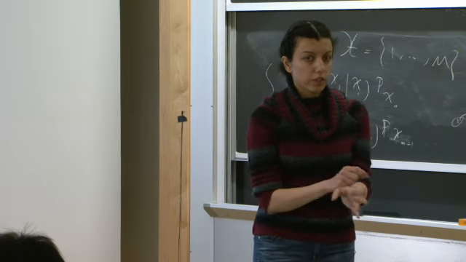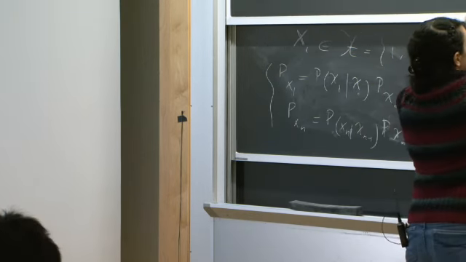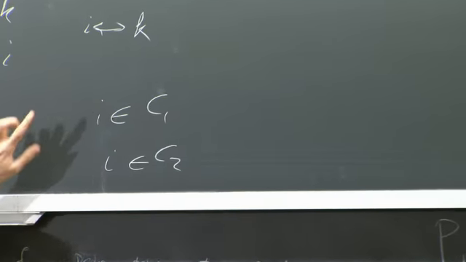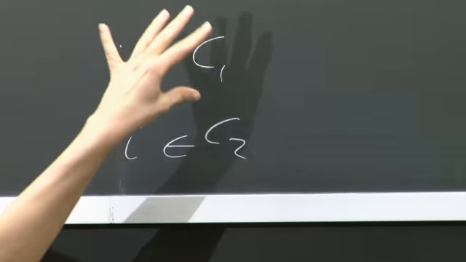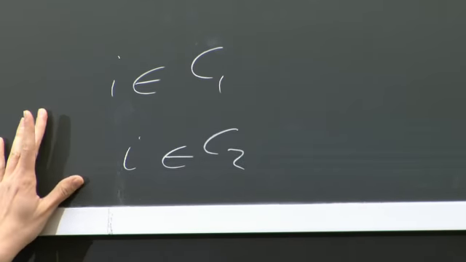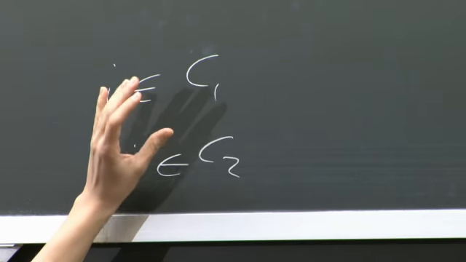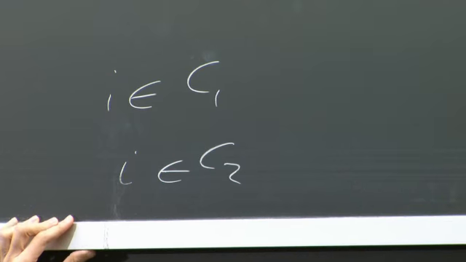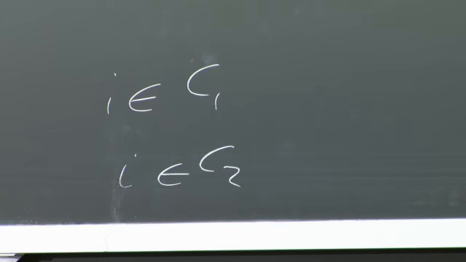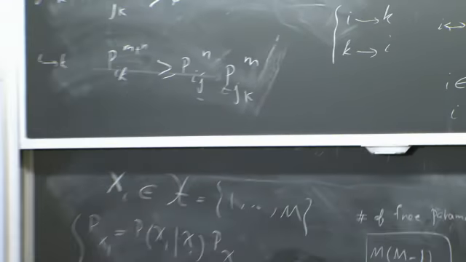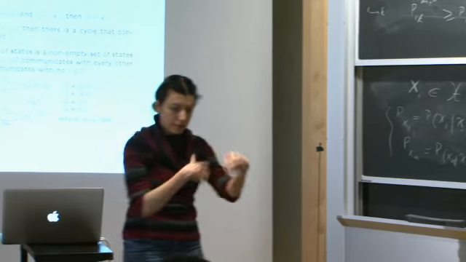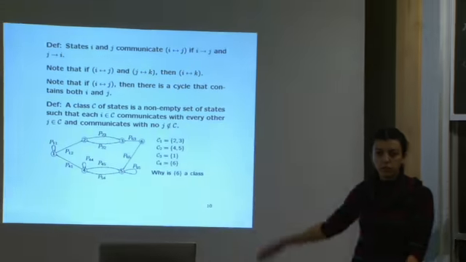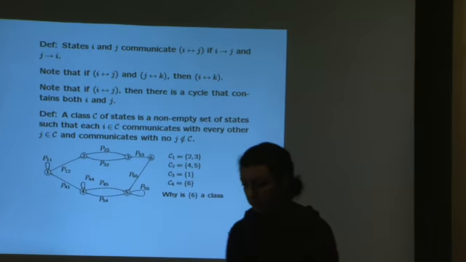Because if there's any intersection, for example, i belongs to C1 and i belongs to C2, it means that i communicates with all the states in C1 and i communicates with all states in C2. So all states in C1 communicate with all states in C2, and actually they should be the same. There are only these states that communicate with each other. We have this exclusivity, so yes, we can have this kind of partitioning.